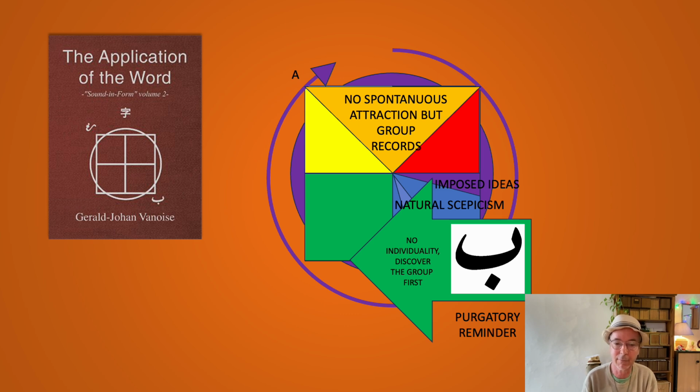They don't accept everything naturally; if they would follow their natural nature, they wouldn't accept everything for granted. The imposed ideas also tell people how to use that skepticism, that it's not a loose skepticism like you say, oh, this guy is doing that.